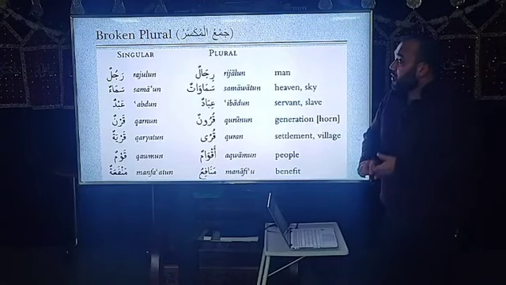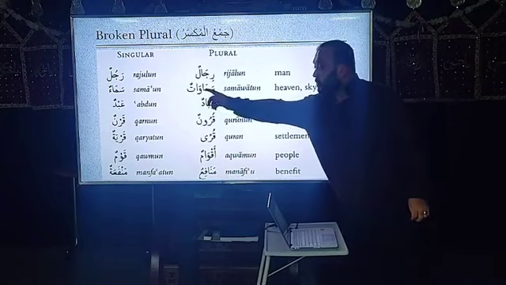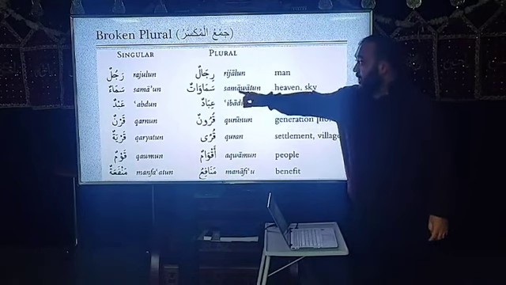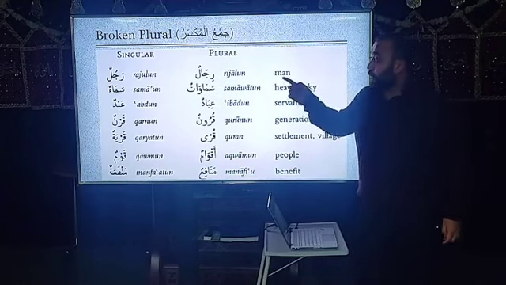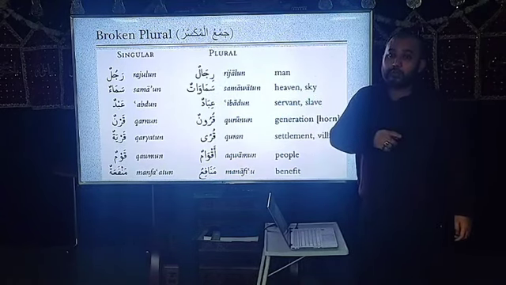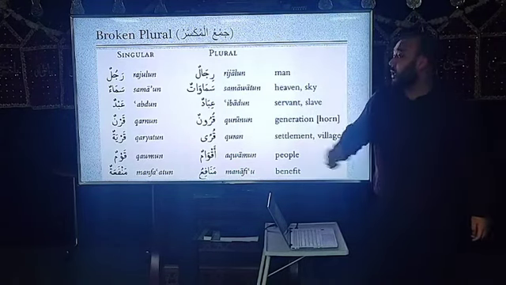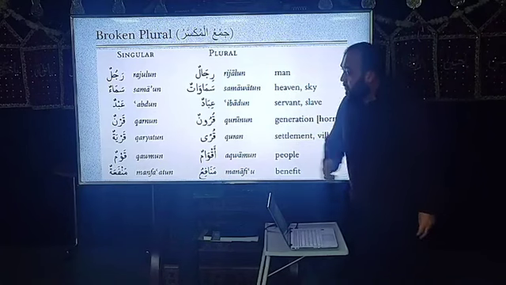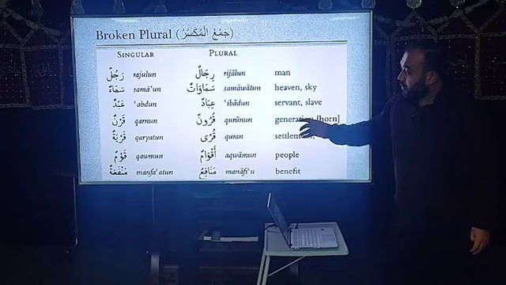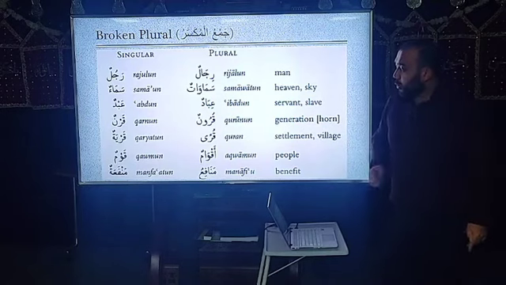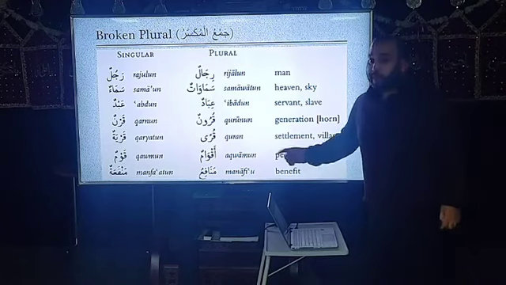So rajulun, rijalun, so men. Sama'un, samawatun. Because this is feminine, you would add alif and ta, so it should be sama'atun, but it is changed to samawatun instead. Abdun, ibadun, qarnun, qurunun, qaryatun, qurra, qawmun, aqwamun, manfa'atun, manafi'un.